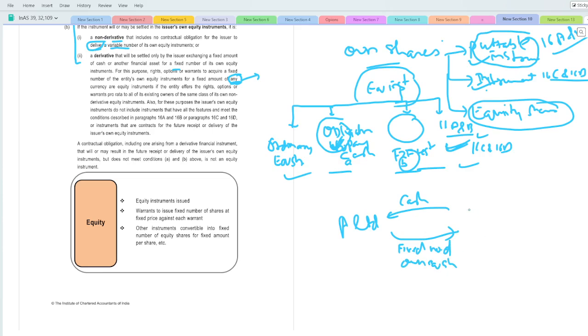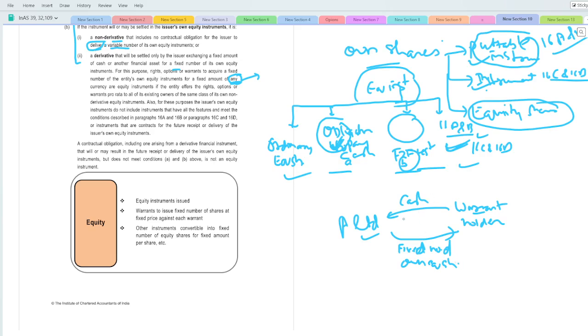So in the warrant, if the warrant holder exercises the warrants in the future, then he needs to pay the cash to A Limited, and then A Limited will be issuing the fixed number of its own shares.